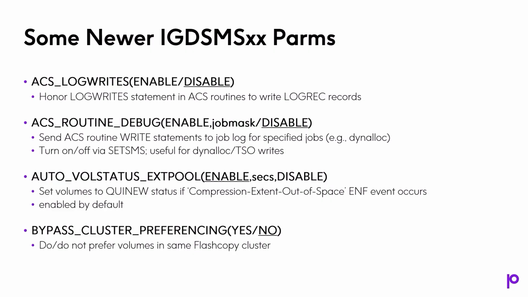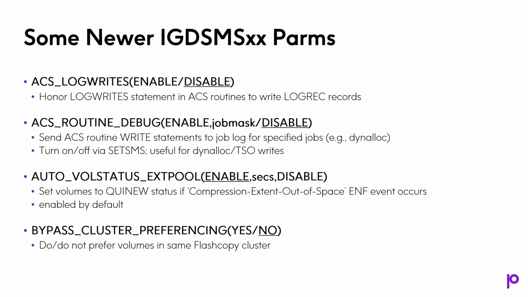One that is enabled by default is AUTO_VOL_STATUS_EXT_POOL, which for certain types of hardware applies if an ENF event, an event notification facility event, occurs when the back end begins to run out of space. This is really a hardware related issue.